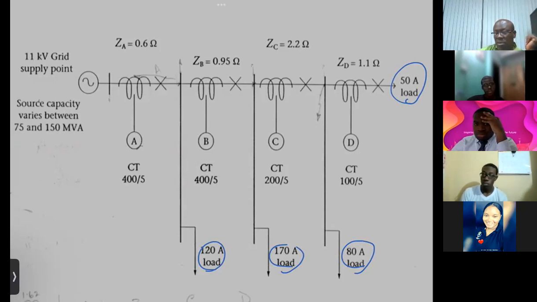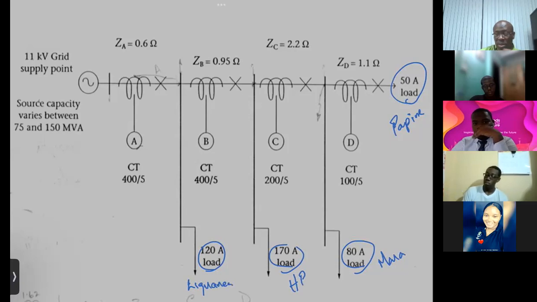So you have this, let's say that is Papine. This is Mona. This is Hope Pastures. Which other community nearby? Whatever. This is Liguanea. All right. So those are our communities, and this is the feeder from the Hope substation.